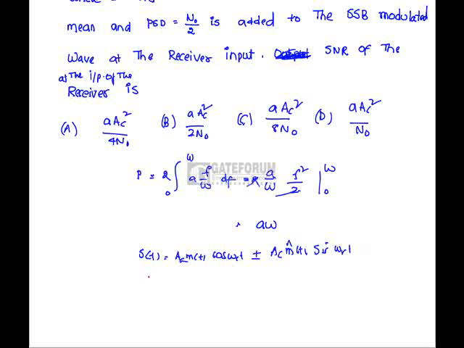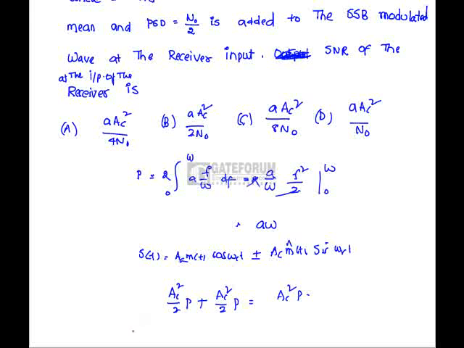So the power of the SSB signal, after passing S of t through the channel whose PSD is N0 by 2 over the range minus omega to plus omega, is Ac square by 2 P plus Ac square by 2 P, which equals Ac square P.